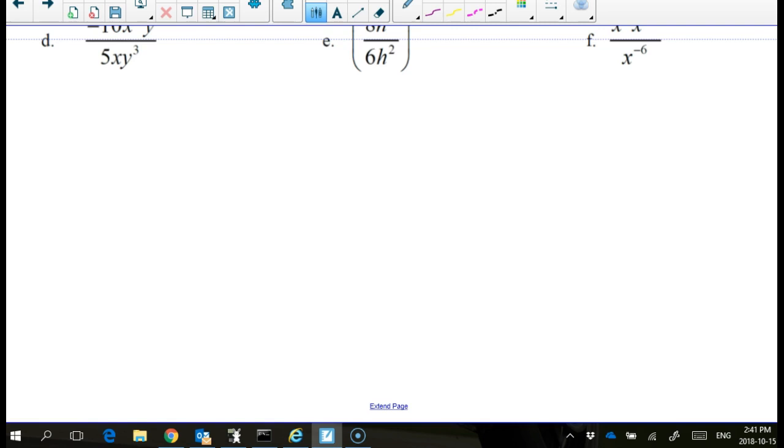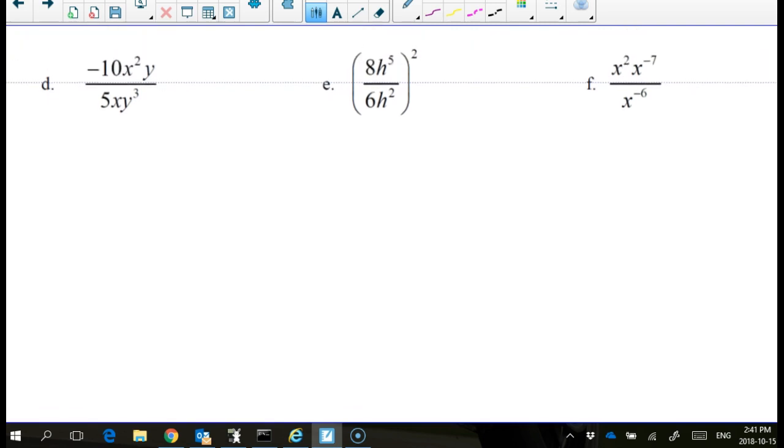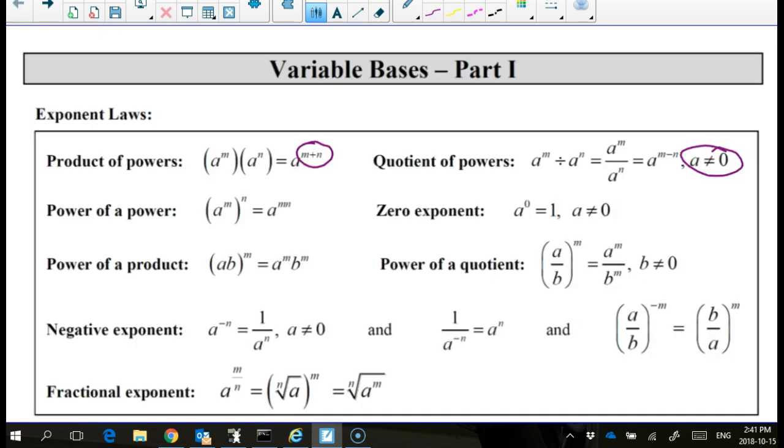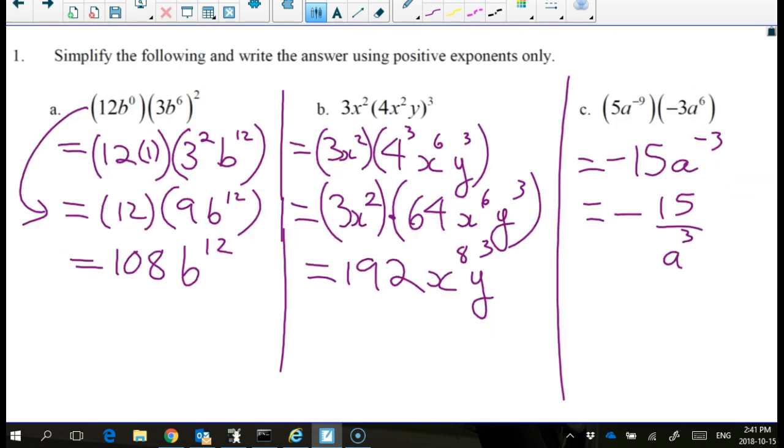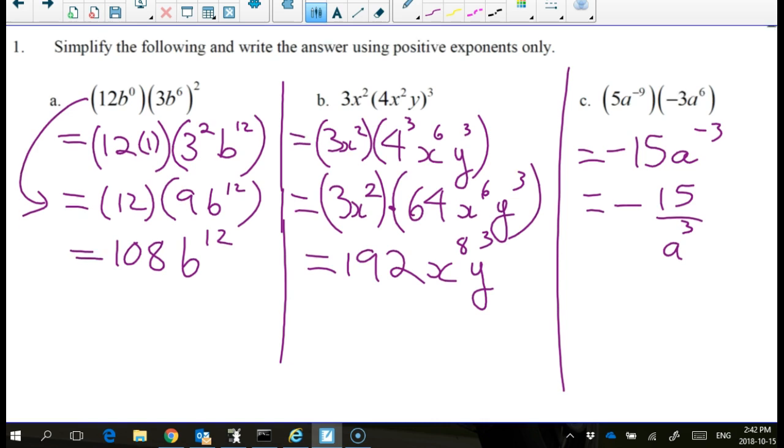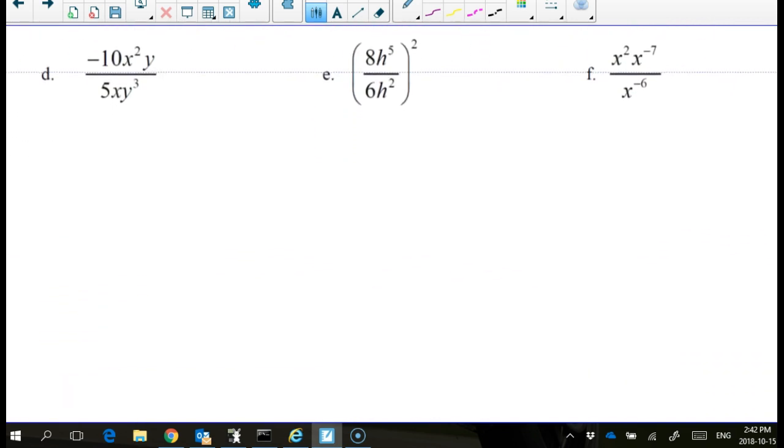Okay, moving down. Okay, what do we want to do here? So the instructions here pretty much always are simplify, right? If it's evaluate, that means come up with a value. If it says solve, that means that there's an equation.